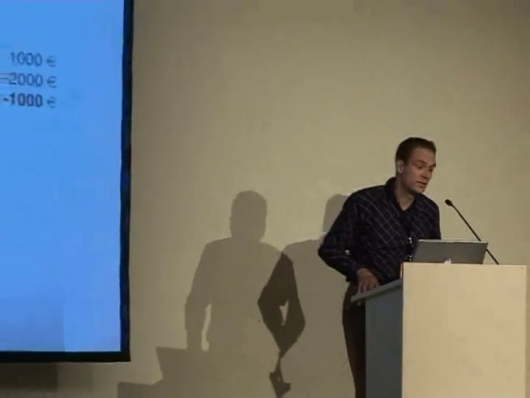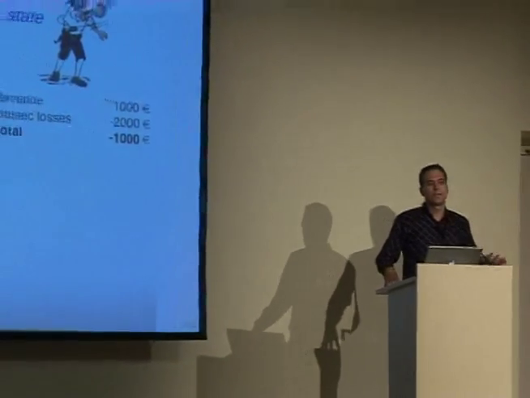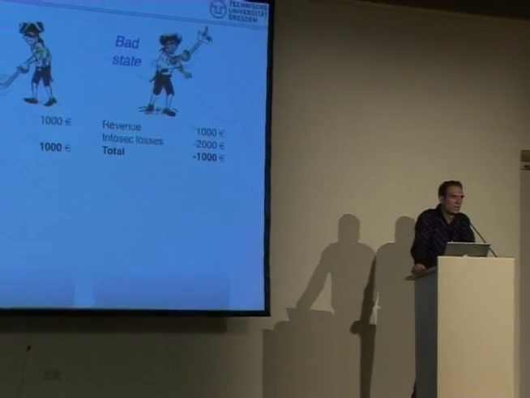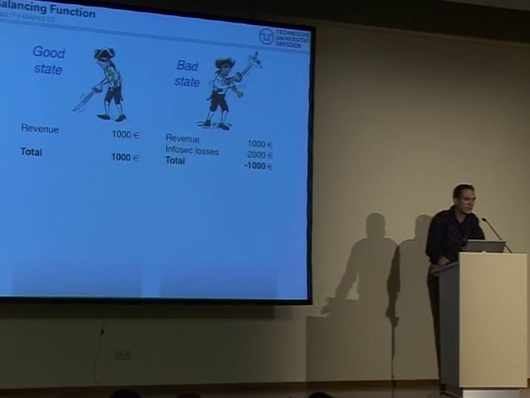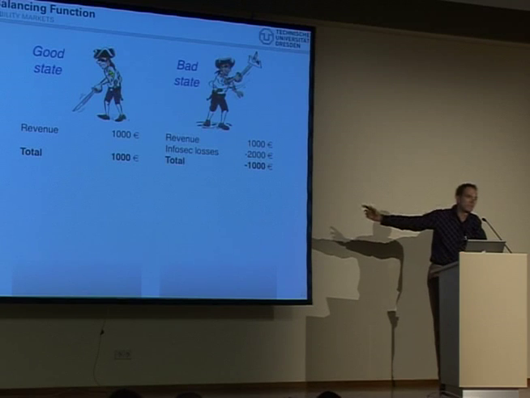Here are the figures. Consider we have a revenue of 1,000 euros, and in the good state it remains 1,000 euros. Whereas if we have a revenue of 1,000 euros and we have information security losses in the value of, say, 2,000 euros, we come out with a total of minus 1,000. That's quite easy.